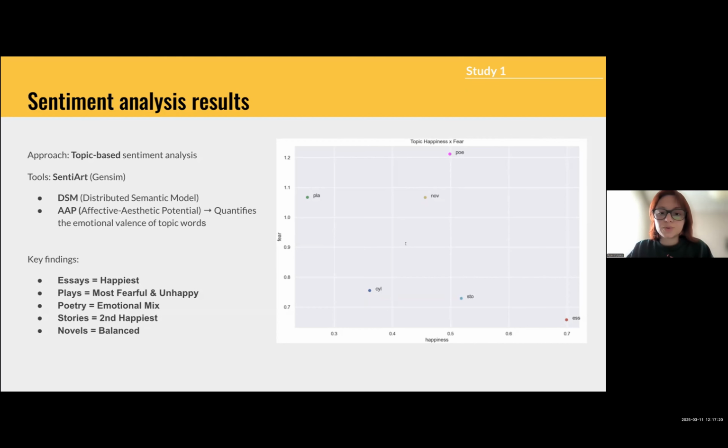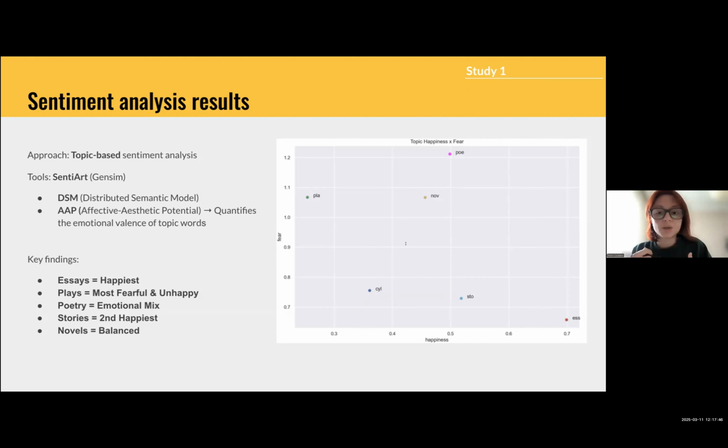SentiArt computes a sentiment score for the words in each topic based on their proximity to positive or negative affective words in this learned space. The model then computes the overall affective aesthetic potential, the AAP, which represents the overall emotional tone of the topics. Thus, the AAP value is the mean sentiment score for words in a topic.